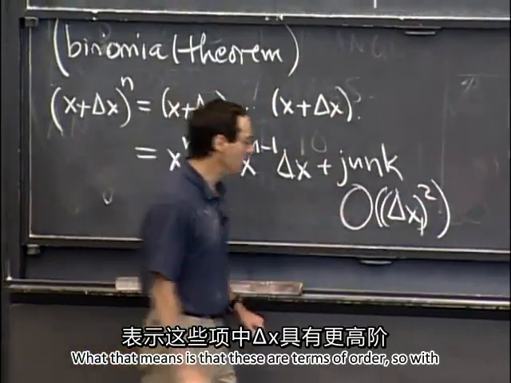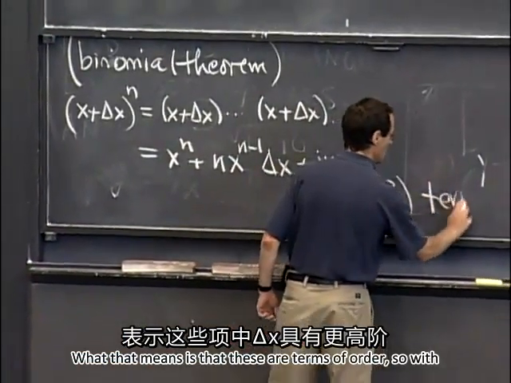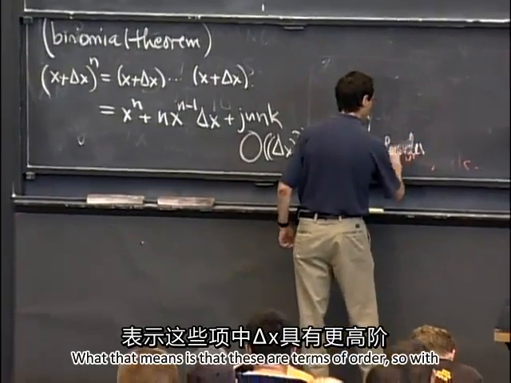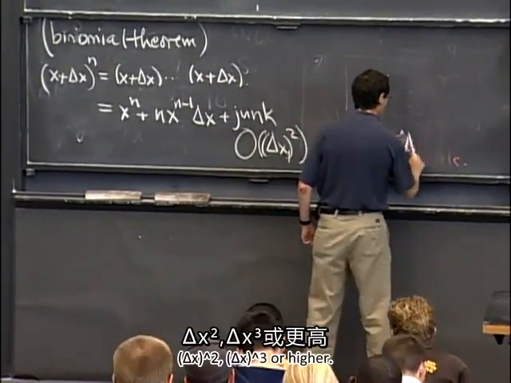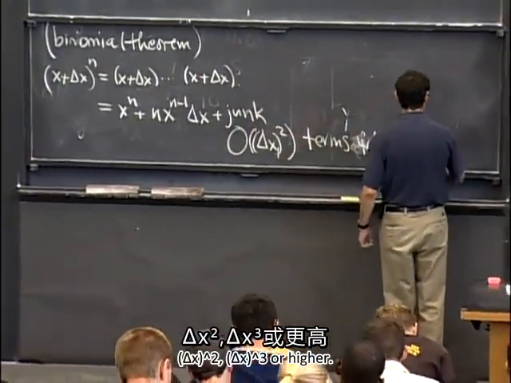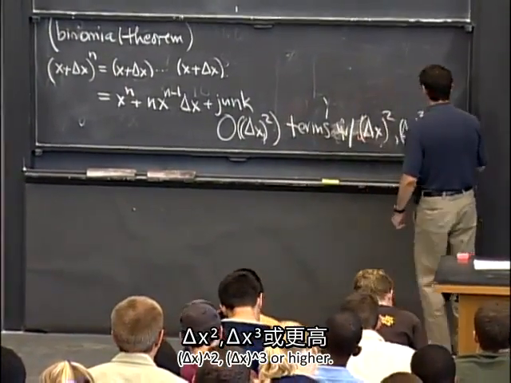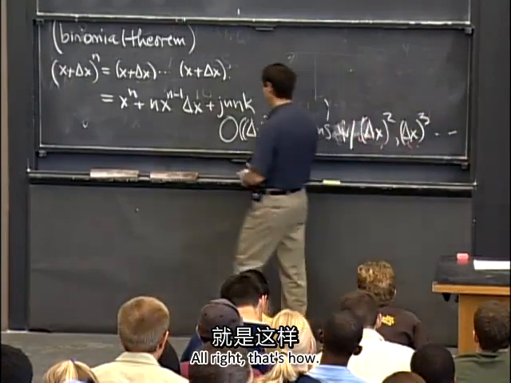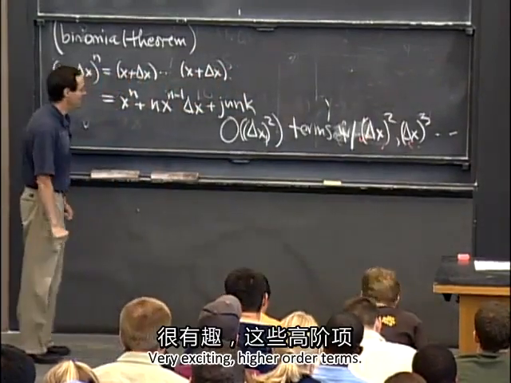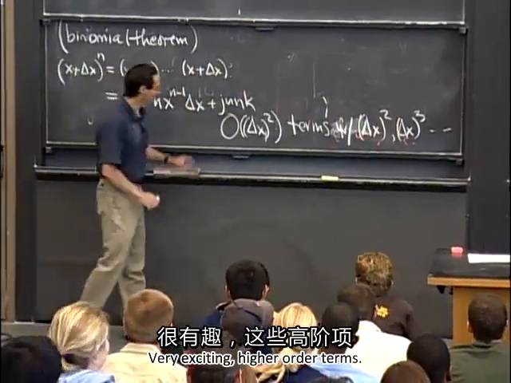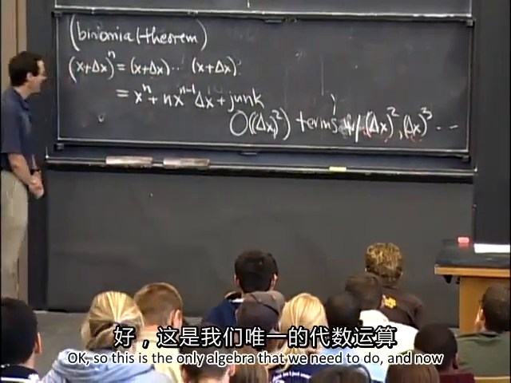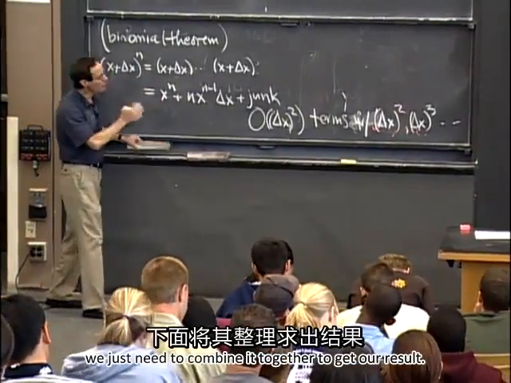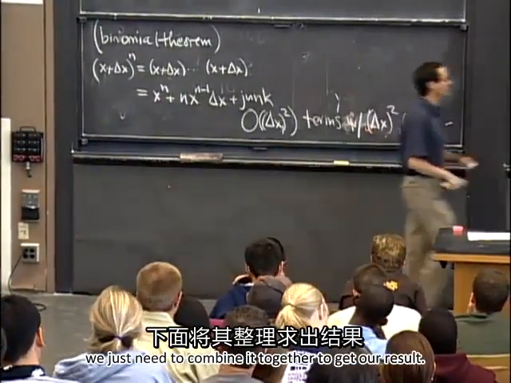What that means is that these are terms of order delta x squared, delta x cubed, or higher. Very exciting, those higher order terms. Okay, so this is the only algebra that we need to do, and now we just need to combine it together to get our result.